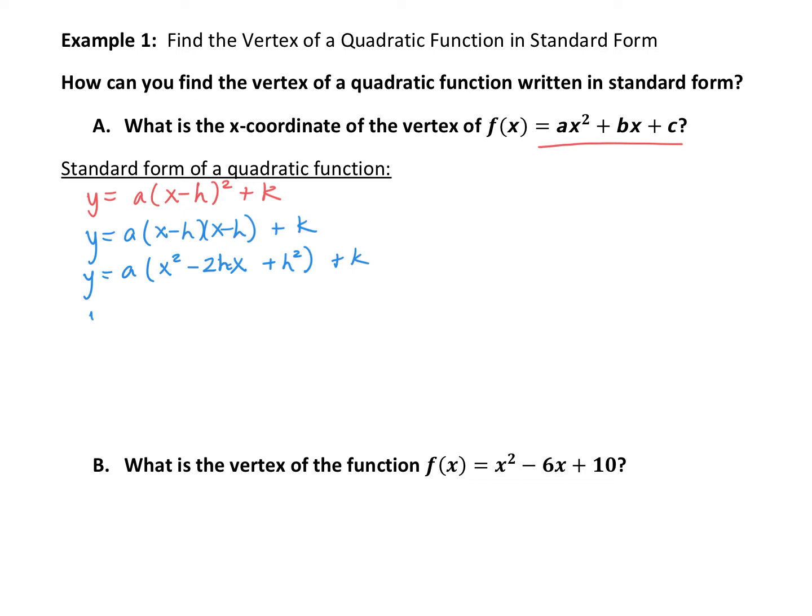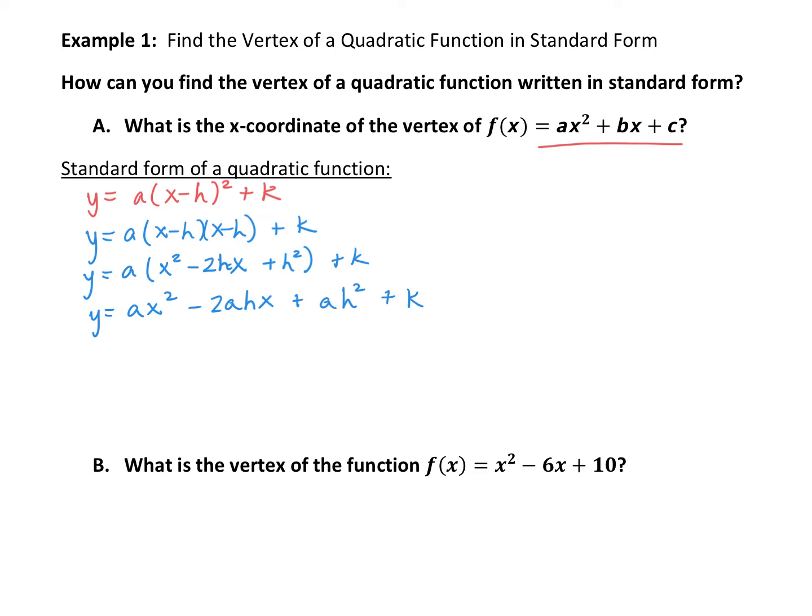Then we would distribute the a, so we would have a times x squared minus 2 times a times h times x. We're just multiplying a times that negative 2hx, and I'm keeping the x on the end. And then plus a times h squared plus k.